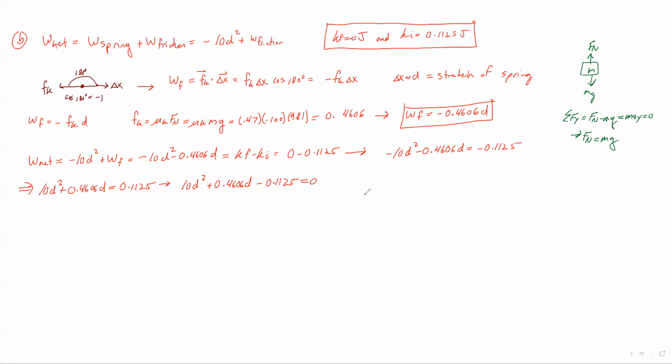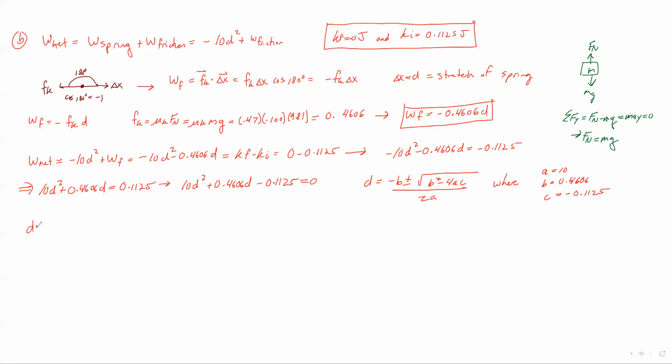And now I use the quadratic formula. D is equal to negative B plus or minus the square root of B squared minus 4AC, all over 2A, where A is equal to 10, B is 0.4606, and C is negative 0.1125. So what I can do is solve this.